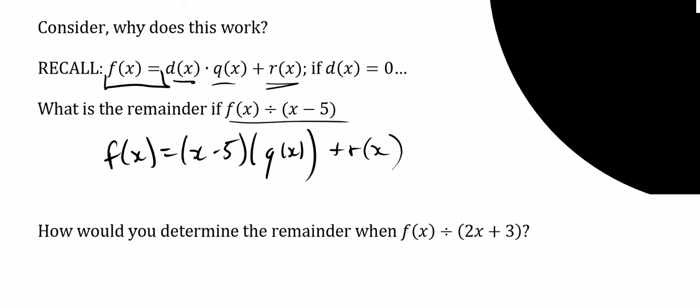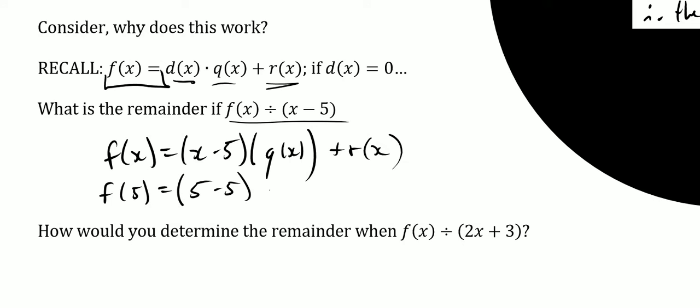So what would my a value be in this case? 5. So what happens if I do f at 5? I get 5 minus 5 times q at x. Does anybody see what happens here? What happens? Jason? 5 minus 5 would be 0, then multiply that by q at x, doesn't really matter.